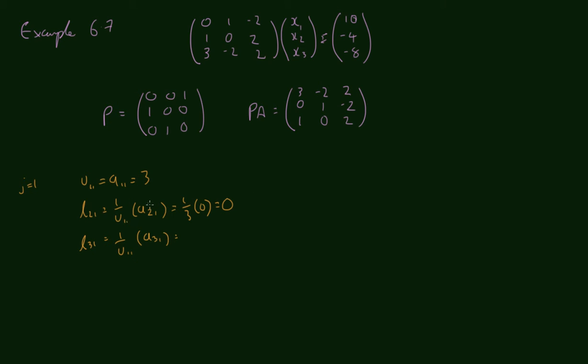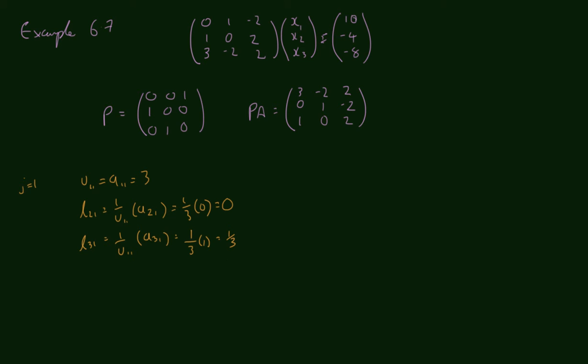If you're wondering where these come from, look at the equations for L and U in the notes, and it's also covered in a previous video. So that's 1/3 times 1, which equals 1/3.